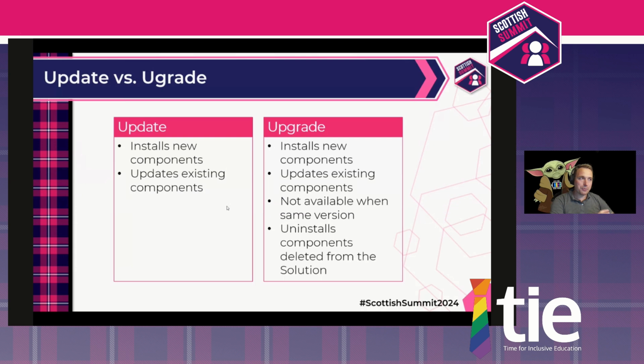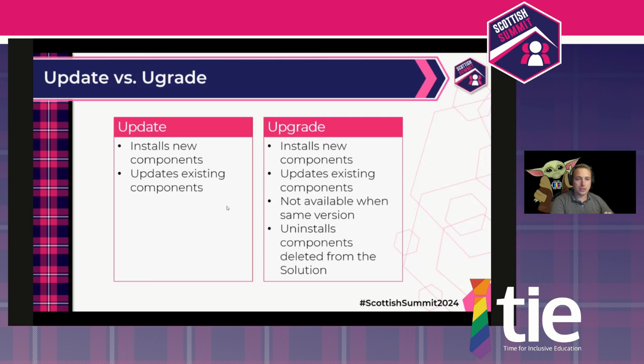I mentioned update and upgrade earlier. If you install a solution to an environment, you can do that via an update or an upgrade. An update is possible for both managed and unmanaged solutions. It installs new components and updates existing components. An upgrade, on the other hand, is only possible for managed solutions, and it installs new components and updates existing components as an update does, but it will also uninstall components that have been deleted from the solution, as I mentioned earlier.